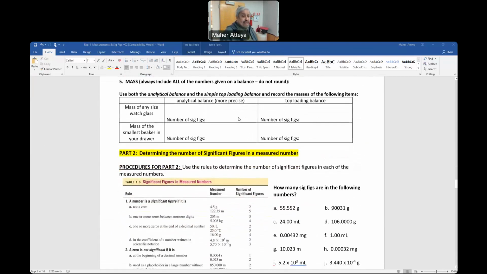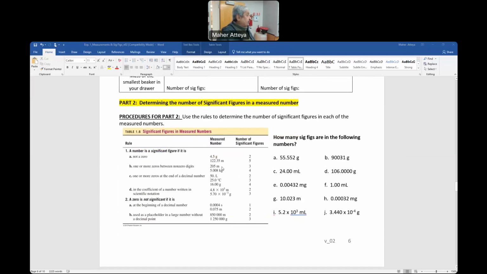So you do it for the two balances, and after you have the value of the watch glass and the value of the small beaker, you say how many significant figures for each object, for the watch glass and for the beaker in both balances. You have to determine the sig figs of both balances.